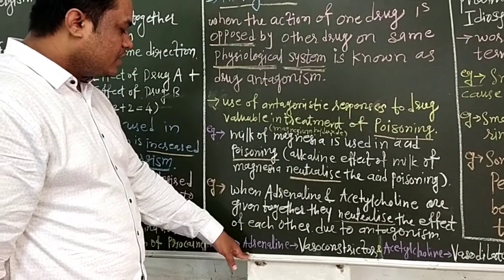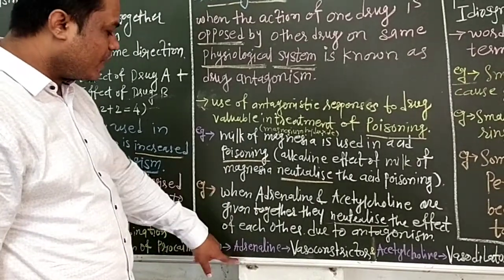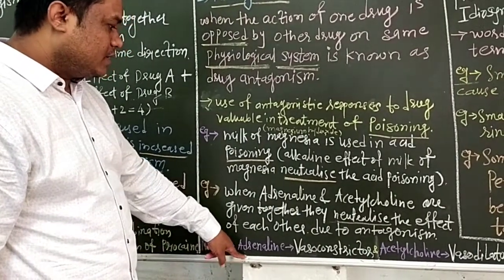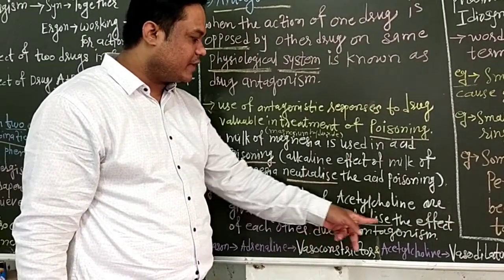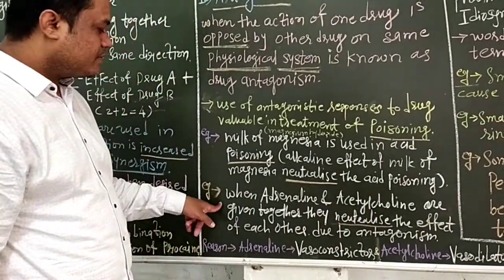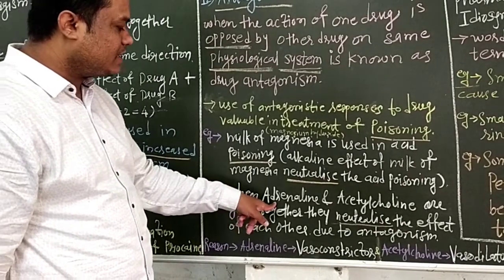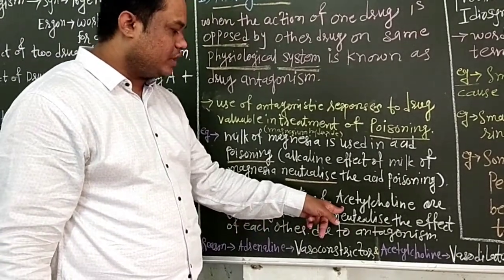Both drugs have different actions. Therefore, the antagonistic effect is seen, giving the neutralization action when adrenaline and acetylcholine are given in combination.